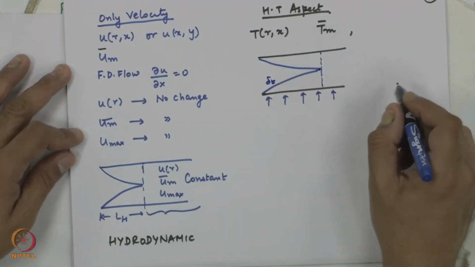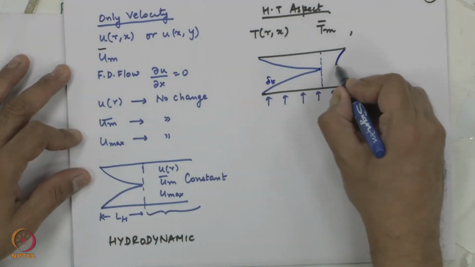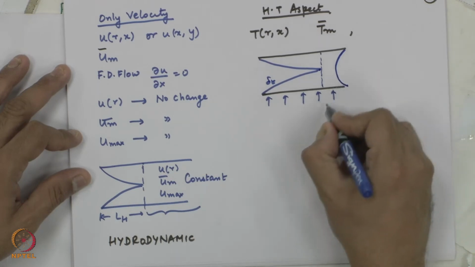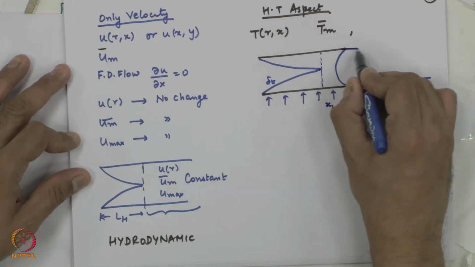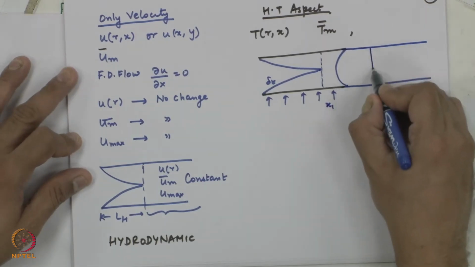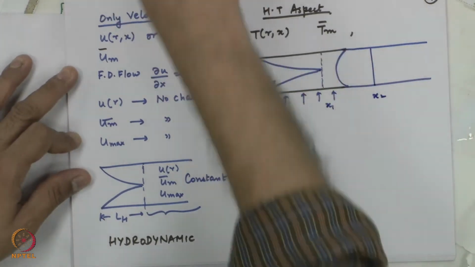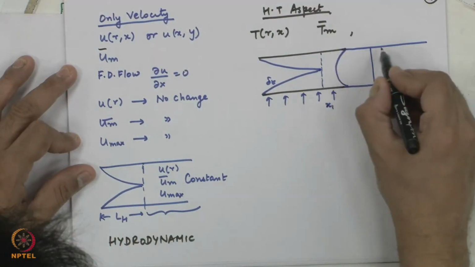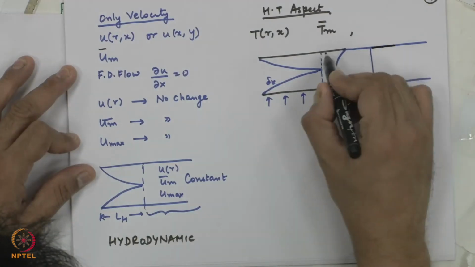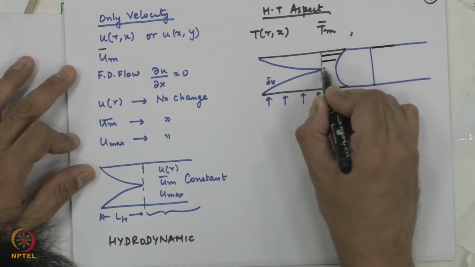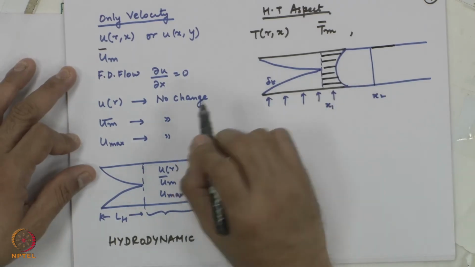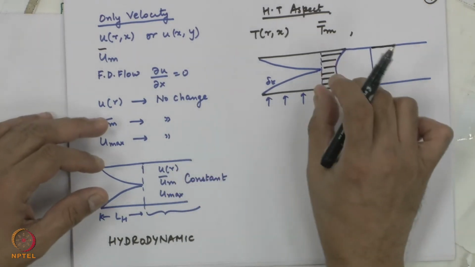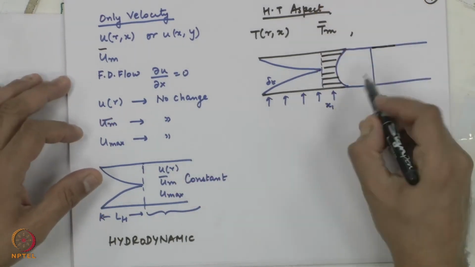If this is my temperature profile at say x1, at a further location x2 my temperature profile would be thicker, because this length represents the amount of heat I have added to this fluid as it flows through the pipe.